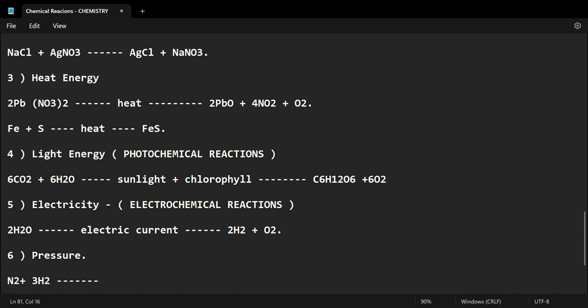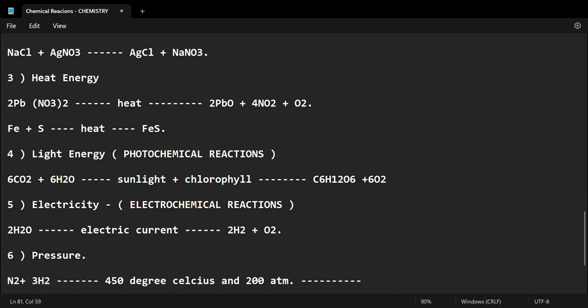This is going to be a little hard. So let's write 450 degree Celsius and 200 ATM, which is a measurement like that.